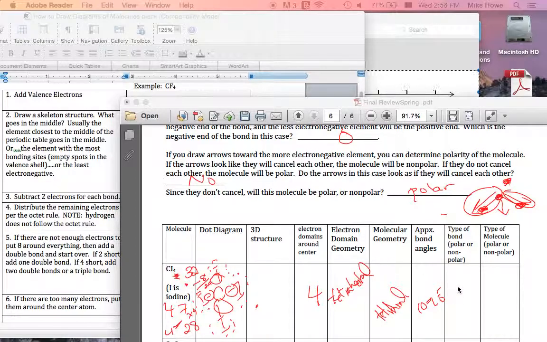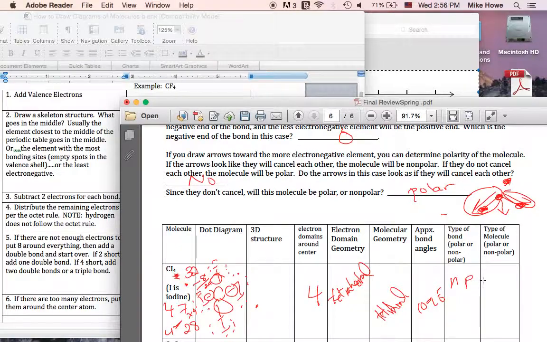Ultimately, that won't make a difference in our determination of polar or nonpolar because of this. So you got your carbon here. It's going to kind of shape up like this. I'll put a carbon as an atom symbol, just put dots for the iodines. Between iodine and carbon, they're pretty much evenly sharing these electrons, but if they share unevenly at all, the electrons would move in the direction of the more electronegative element, which would be iodine.